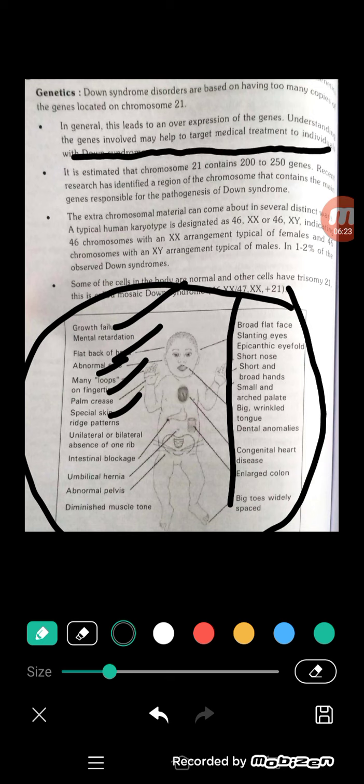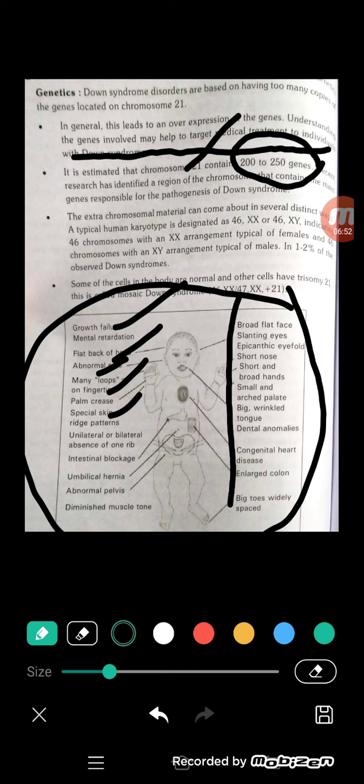Chromosome number 21 contains about 200 to 250 genes. Which gene among these 200 to 250 is affected in Down syndrome can also be identified, along with the region of the chromosome containing the main genes responsible for the pathogenesis of Down syndrome. Extra chromosomal material also leads to Down syndrome.